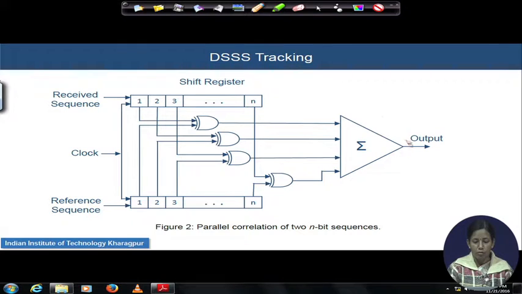The output is also fed to the adder circuit. So, it is equivalent to the circuit that we discussed earlier. If you look at the output, whenever things are not in sync, the adder output will not be synchronized at the sync point, and you will get some value, either positive or negative.